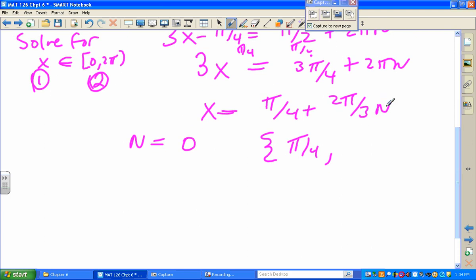What about if I pick -1 for n? That would go past 0, wouldn't it? It'd be a negative answer, and that can't happen. If I pick n equals 1, I get pi over 4 plus 2 pi over 3. Well, not easy to figure out. That'd be 11 pi over 12.